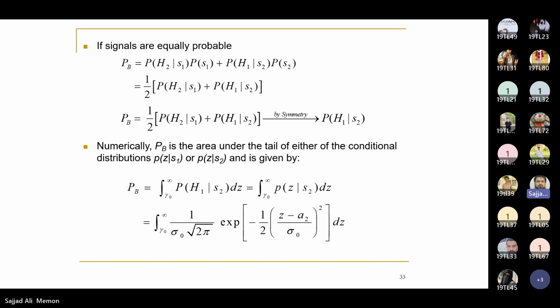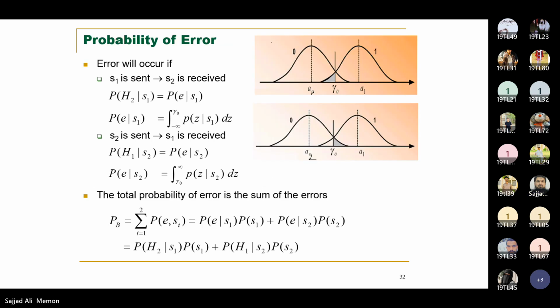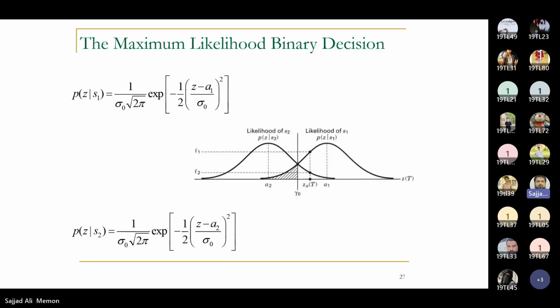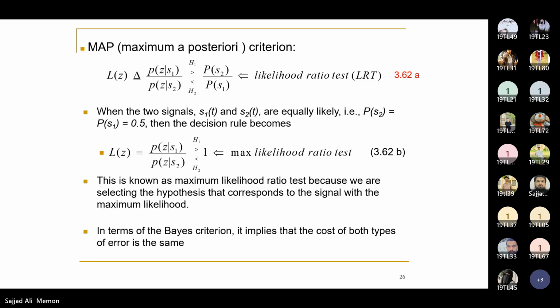If they are the same by similarity, then when added these will be twice the probability of error, because we already said in the previous slide that the cost of both types of error is the same.